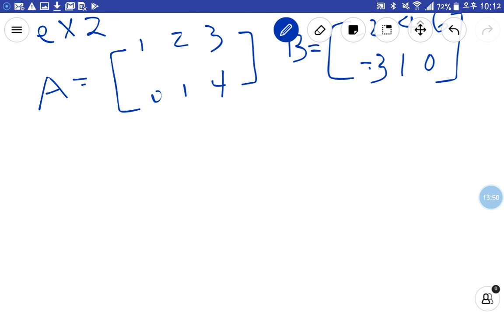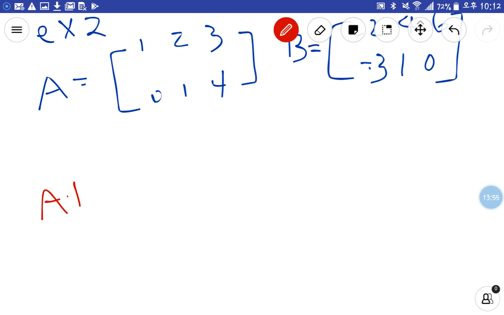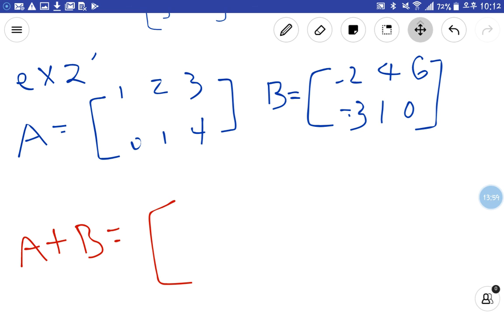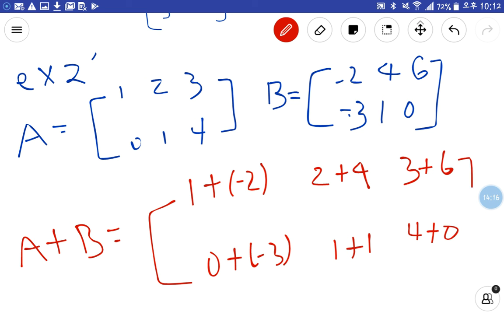Okay, so A plus B is what I want to get first, and I'm going to do A minus B after. So A plus B: add all the numbers which are in the same spot. So 1 plus -2, 2 plus 4, 3 plus 6, 0 plus -3, 1 plus 1, 4 plus 0.